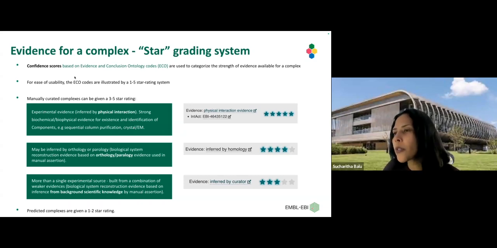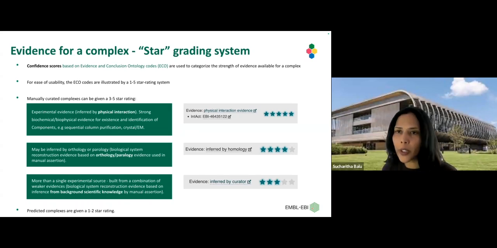All of the manually curated complexes in the portal can have between a 5 and a 3 star rating. But the predicted complexes will have either a 1 or a 2 star rating. So what does it mean if a complex has a 5 star rating? It means that we have really strong physical interaction evidence, usually coming from a single experimental source.